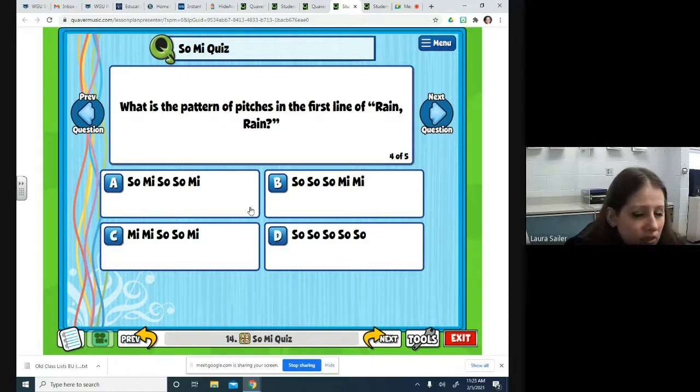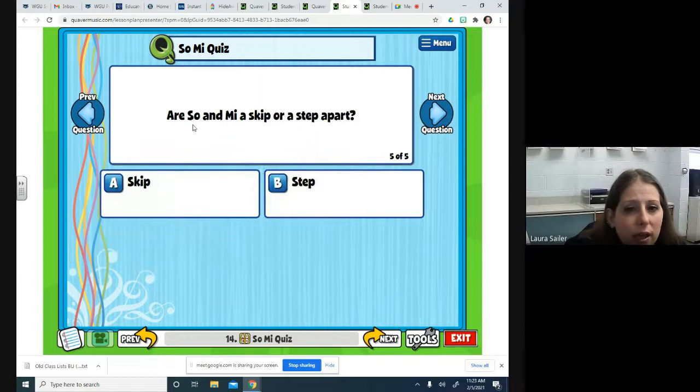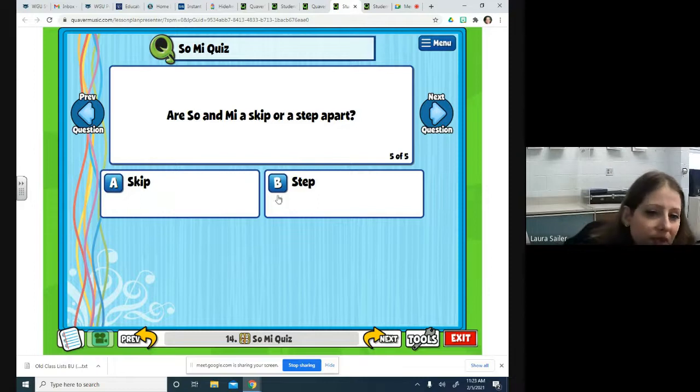Which one sounded correct? Are so and mi a skip or a step apart? Remember we talked about our staircase, right? Standing on your top step and jumping down to the bottom would be so to mi. So is it a skip or a step that I showed you?